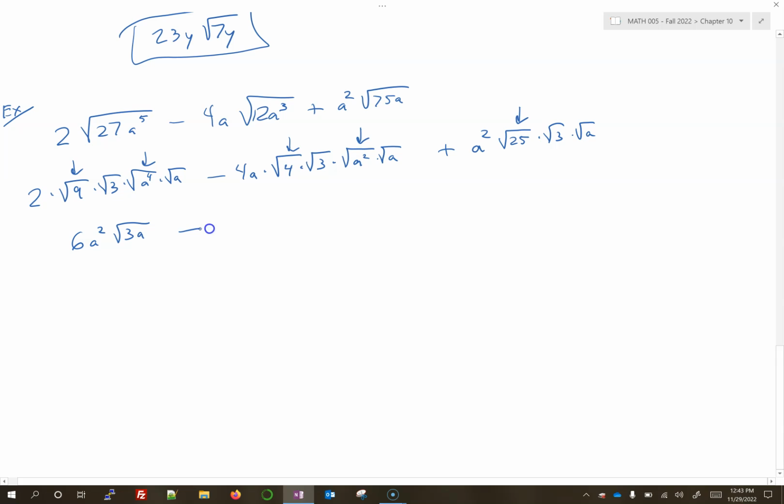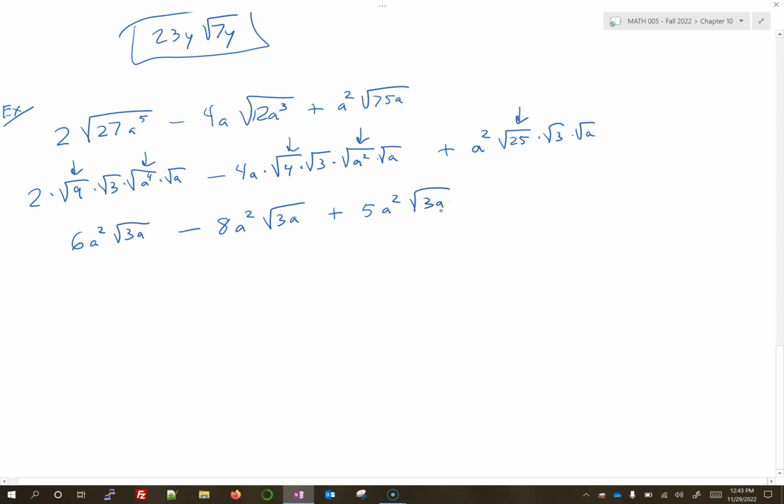So we'll have, all right, minus. We have the square root of 4 is 2, so we're going to have 4 times 2 is 8. And then the square root of a squared is a, but we already have an a out front, so a times a is a squared. And then what's left over is the square root of 3a. And then this last one we have plus, we have the square root of 25, which is 5, and the a squared is already there, and then we have 3a.